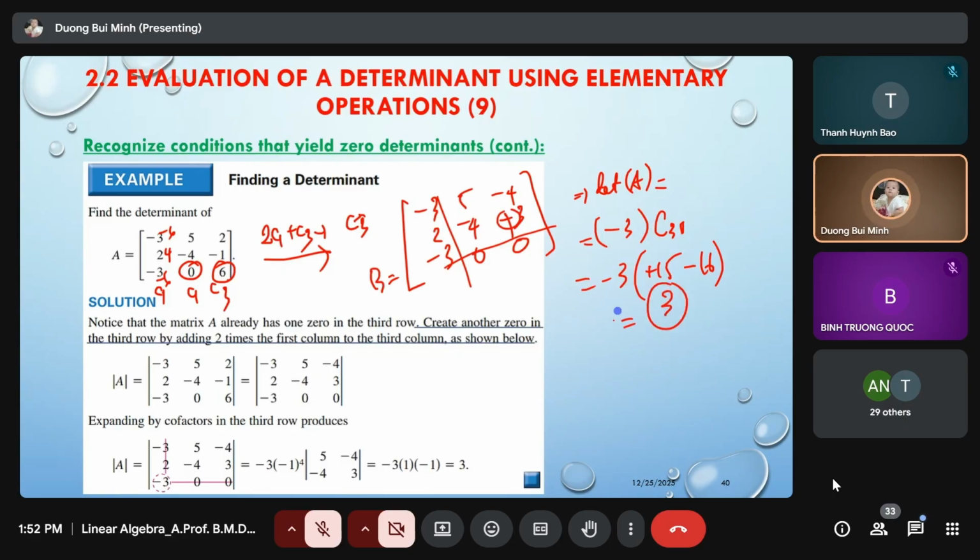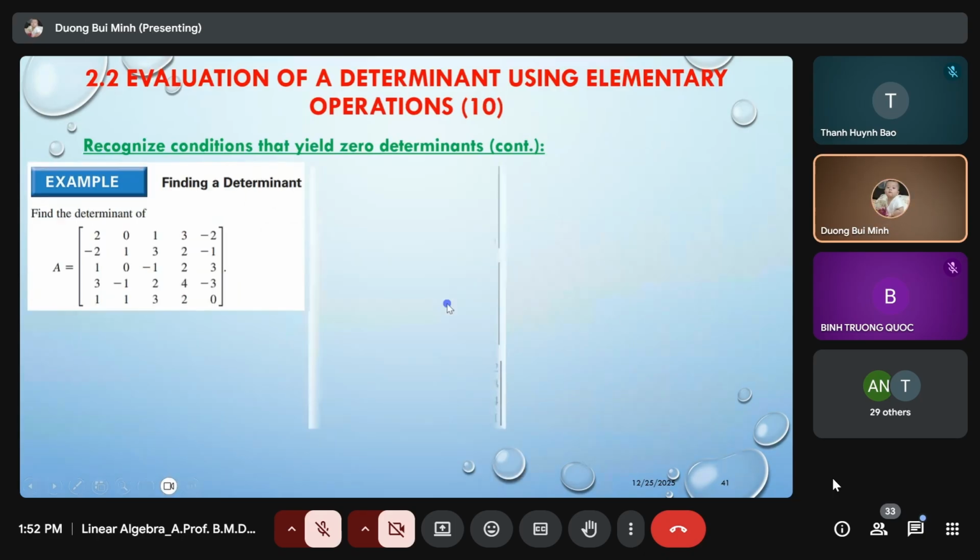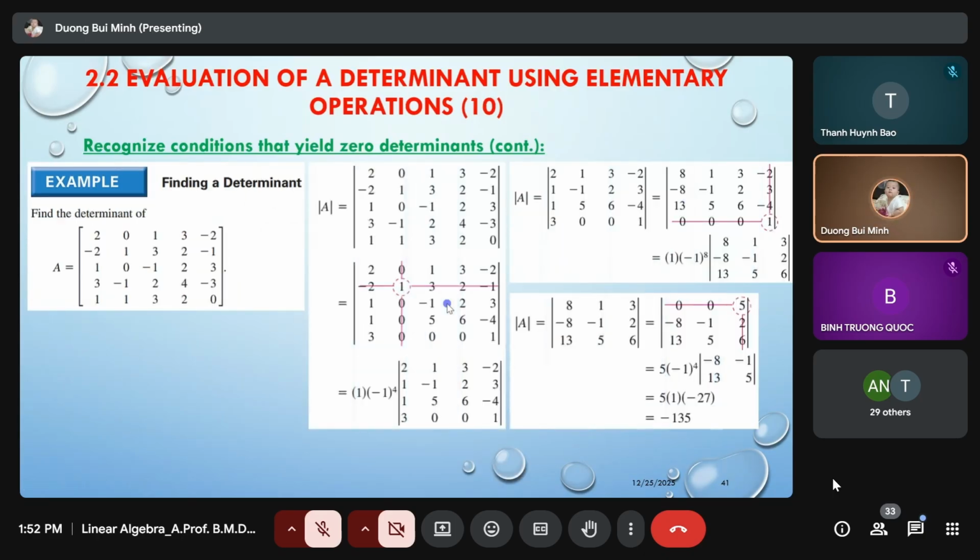So the determinant is 3, not -3, sorry. Anyway, you have more examples, but this one is 5, 5, 5.